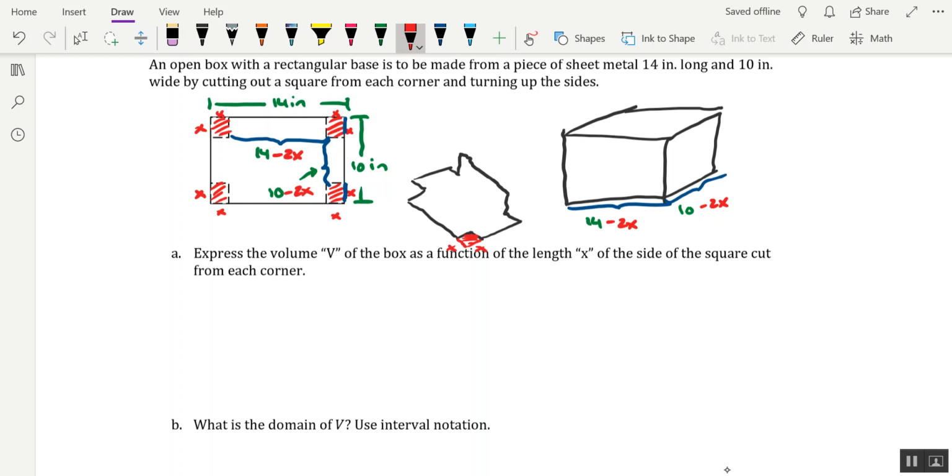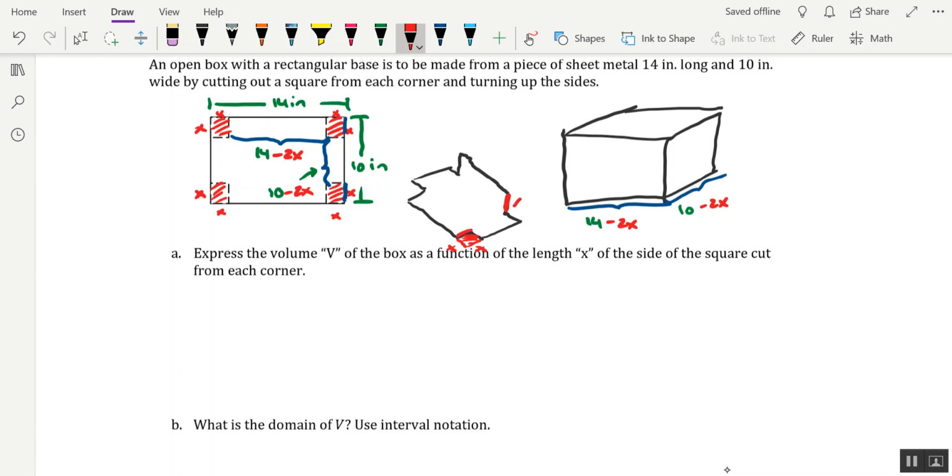So if you take one of these flaps and fold it up, the height of that flap, which is also the height of the entire box, is going to be, what do you think? Well, if you look right here, that's congruent to this piece.